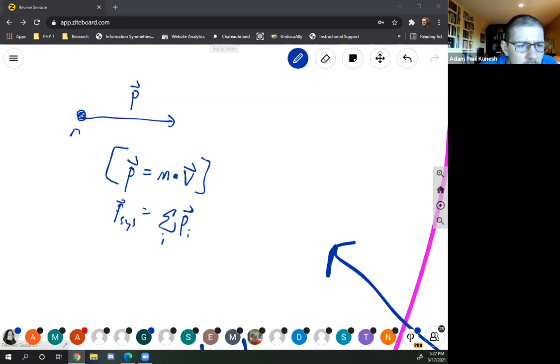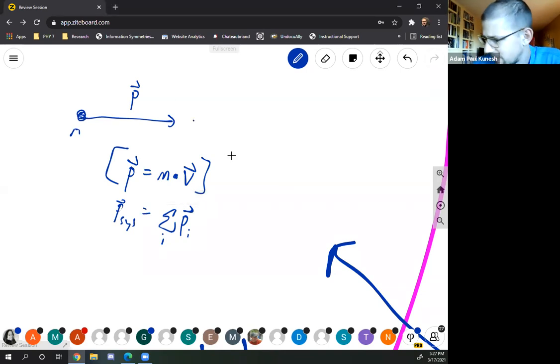Saeed asks, are momentum and inertia analogous? Kind of. Yes, they're analogous in the sense that we typically think of mass as being a stand-in for inertia. Mass is the thing that is constant as something's velocity changes, typically.